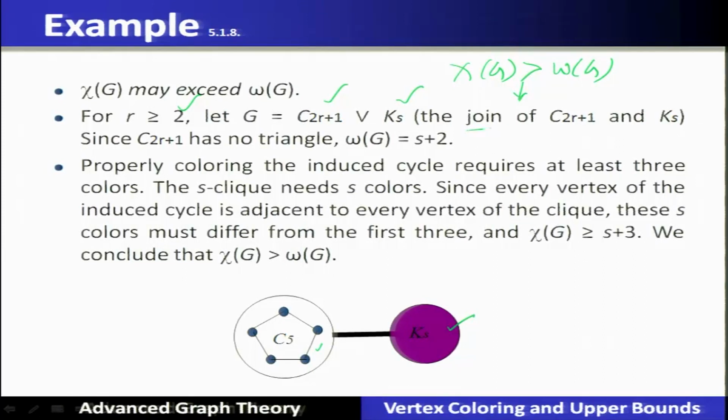Now, the join operation we defined earlier of two graphs means all the vertices of these two graphs are adjacent to each other. So every vertex will be adjacent to all the vertices of Ks. Similarly, this vertex also will be adjacent to all the other vertices of Ks.